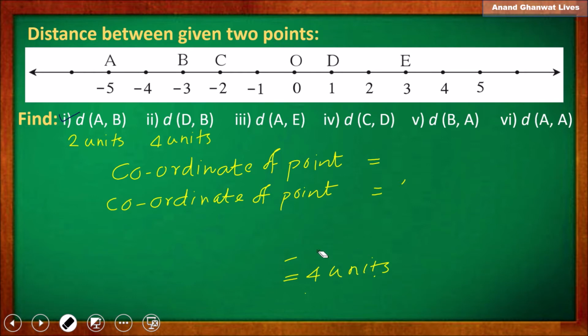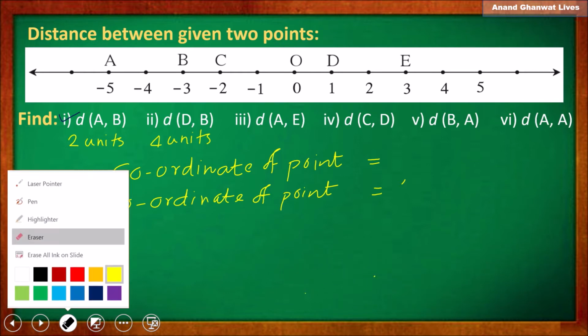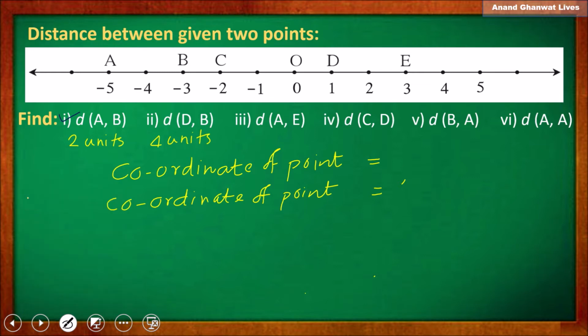Now third example, distance between point A comma E. Coordinate of point A is negative 5 and coordinate of point E is, yes, very good, positive 3.